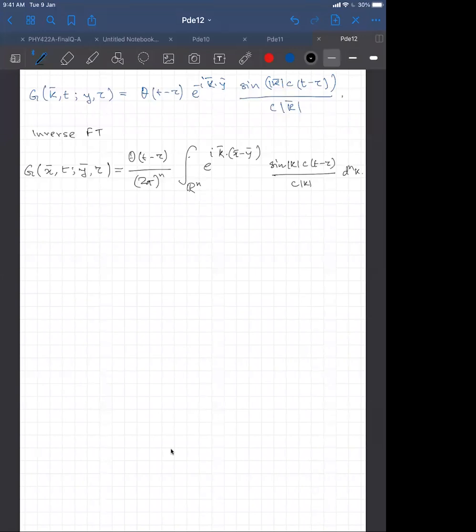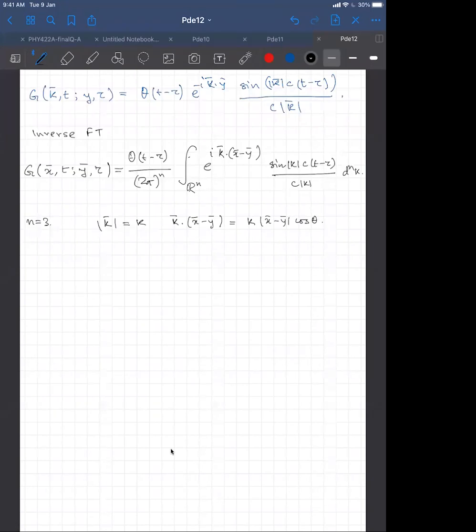Now the form of the Green's function is going to be sensitive to the dimensions. So let's do this for n equal to 3, the case that we know and love, 3 plus 1 dimensional spacetimes. Let's introduce polar coordinates for k, so that mod k is equal to k, and k dot (x minus y) is k times mod (x minus y) times cos theta.